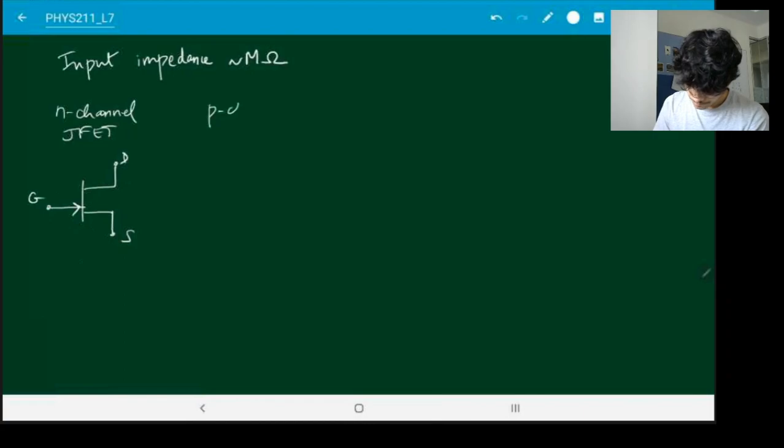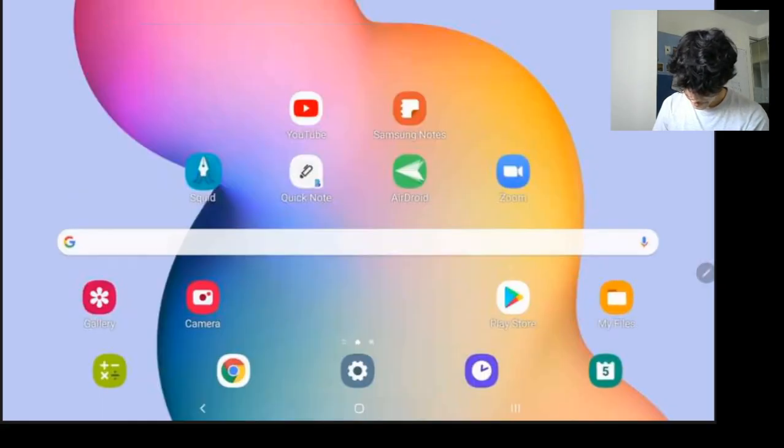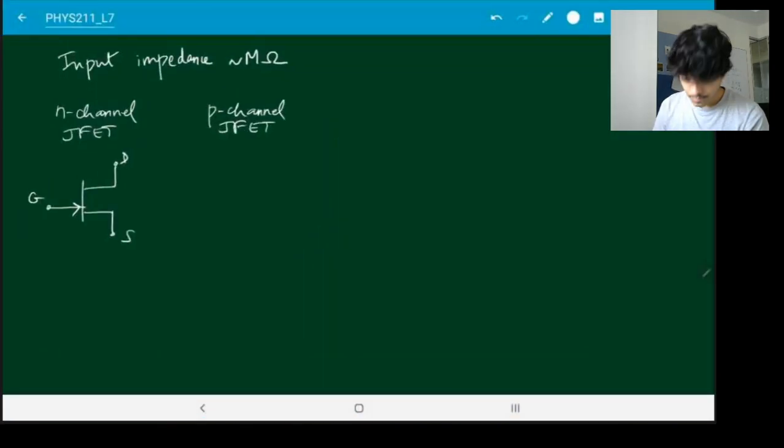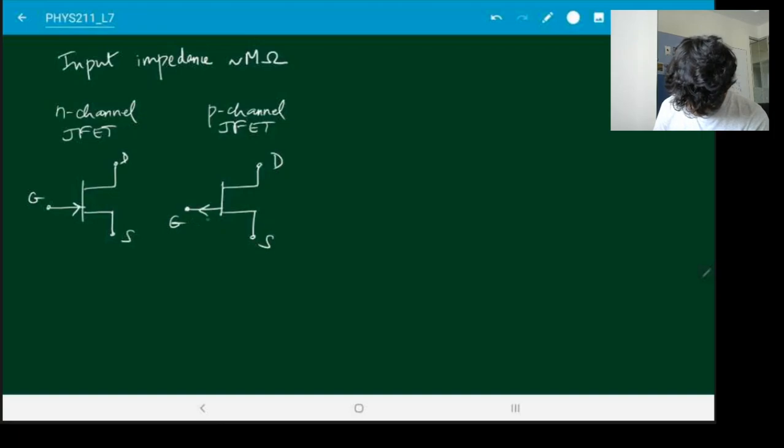If you have a P channel JFET, then your symbol looks like this. Only the arrow is pointing the other way. So this is a P channel JFET.